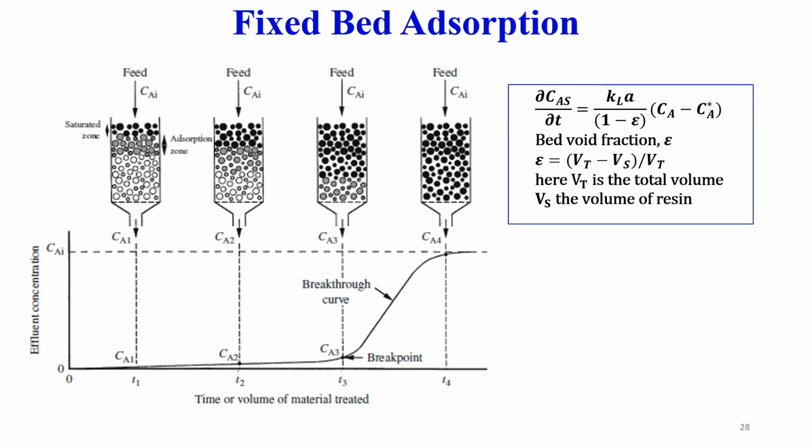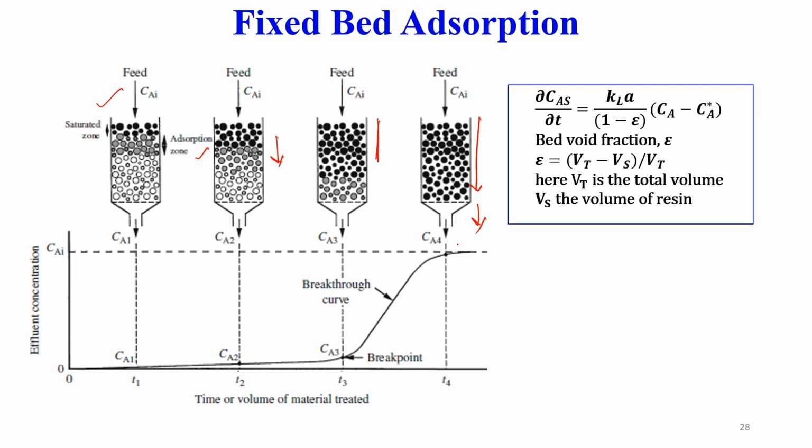Typically, you just see how the column looks. There is a saturated zone and an adsorption zone. When the adsorption zone moves down, it means this zone is getting saturated. The size of the saturation zone keeps on increasing, and finally the adsorption zone leaves the column.